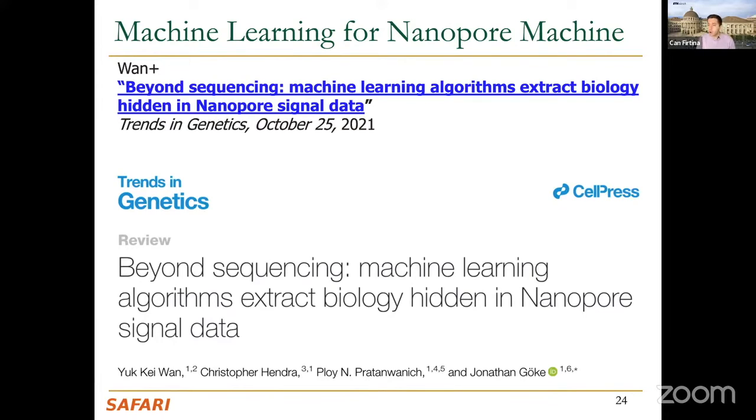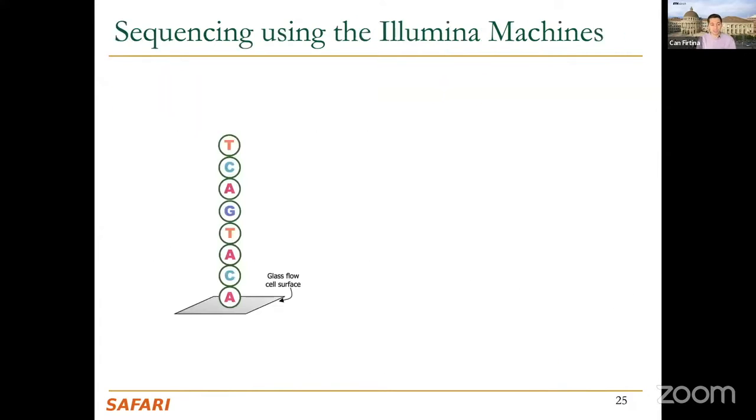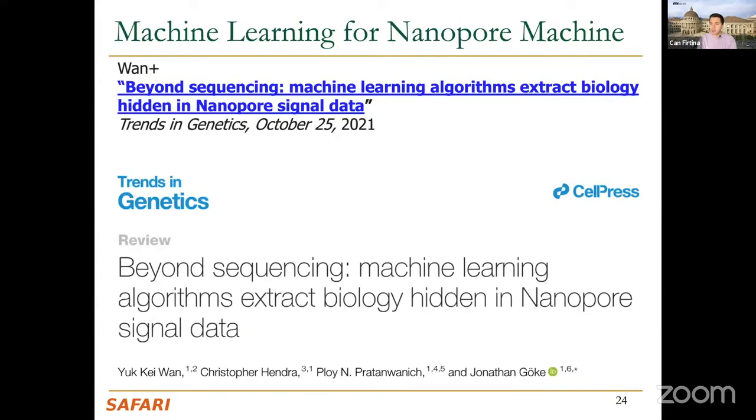Since raw signal data contains this information, there is a paper discussing how we can utilize this extra information, meaning the information other than just ATGCs, in raw sequencing data using machine learning techniques. This is a very interesting read, so you can take a look at this as well. So this was how Nanopore sequencing works.